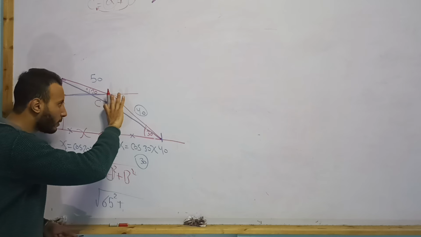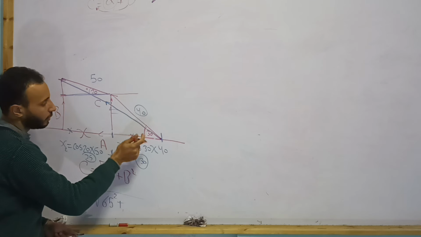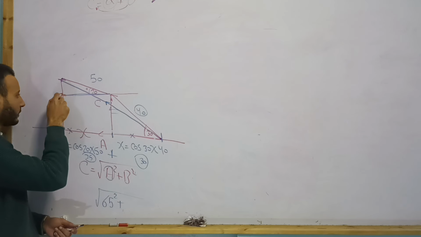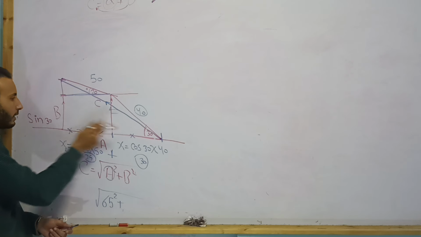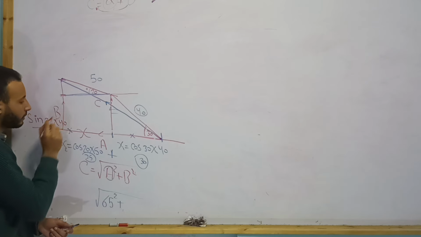So if you get the y component, you can get this one. How can you get the y component? I'll say sine the angle times the vector. So this part is equal sine 30, the angle, times the vector, times 40.